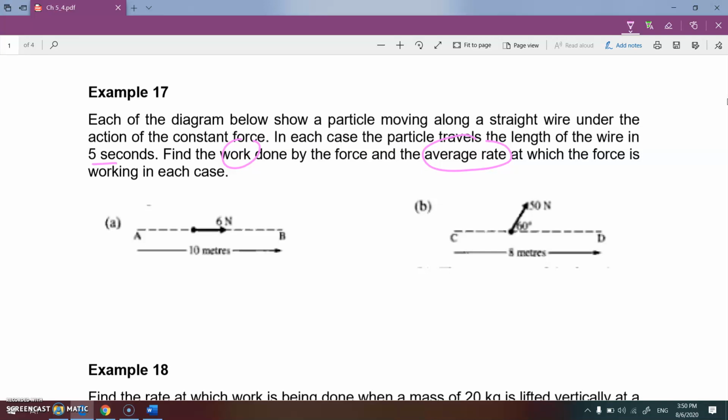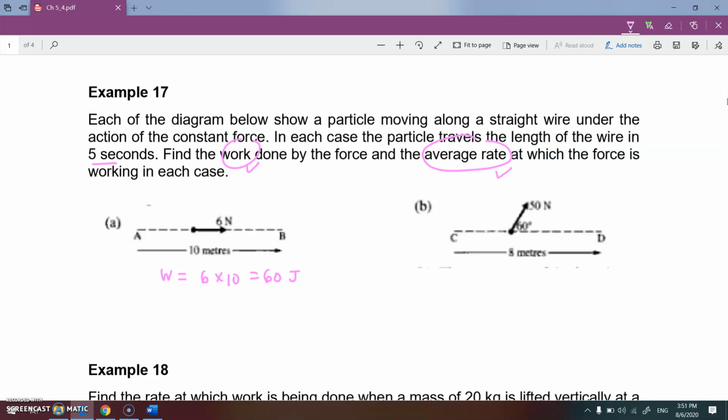If you still remember, how do you find the work done? It is the force times the distance. So simply, it is 6 times 10, which is 60 joules. This is the work done by the force.